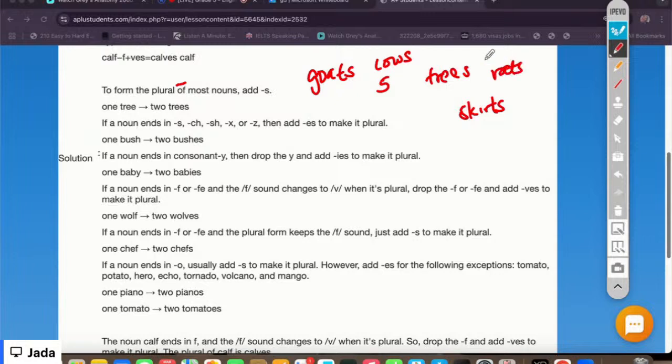All right, so this is adding s to make the nouns plural.